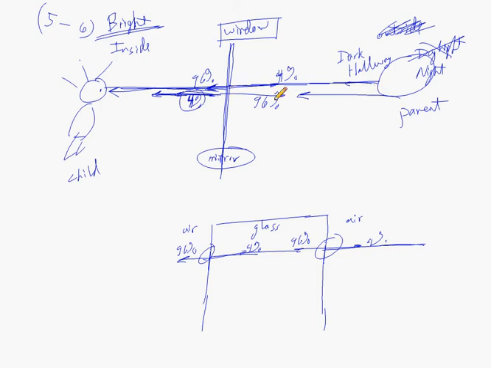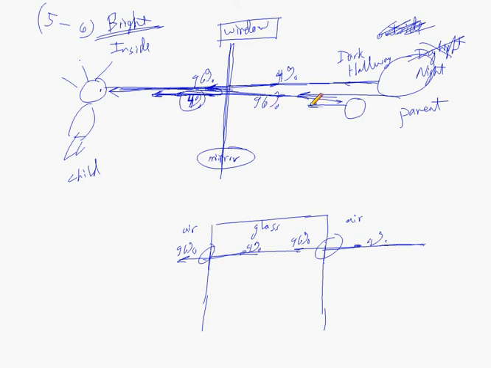So notice that in this case, the reflection off the window from the child is 4%. That 4% is much brighter than what gets transmitted through. If this is a parent over here, the parent is looking at the child. The 96% that gets transmitted through the window can easily be seen by the parent.